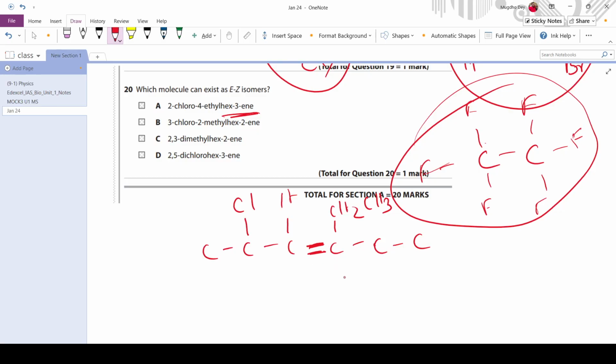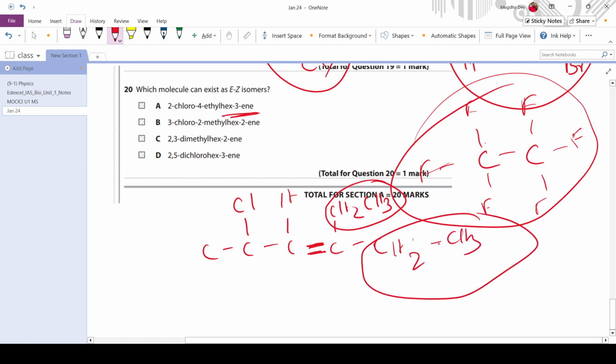So this is not possible. As you can clearly see, this one and this one, CH3, CH2, these two are identical. So A is not possible.